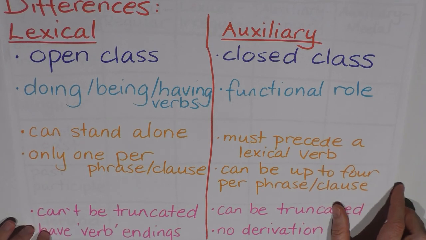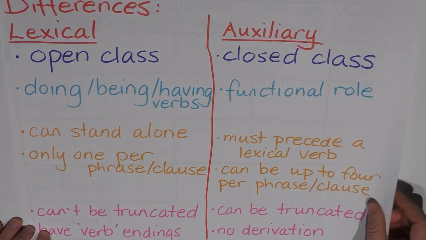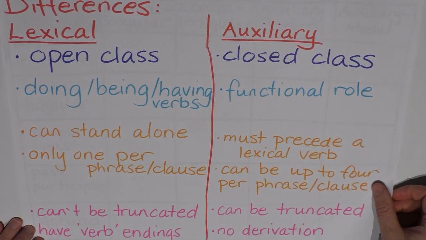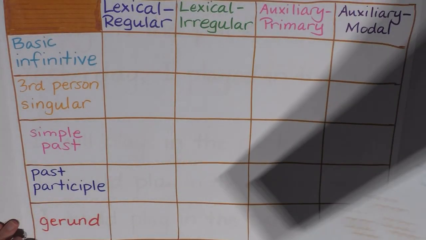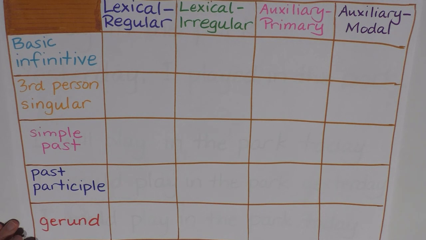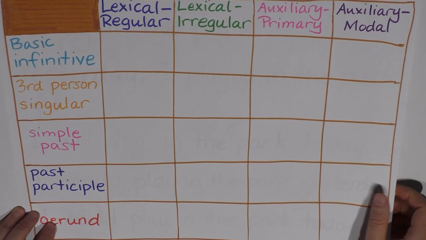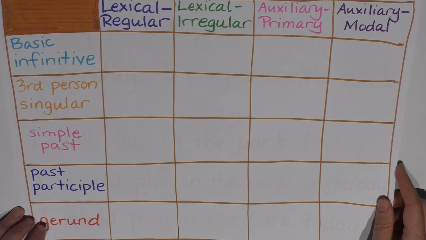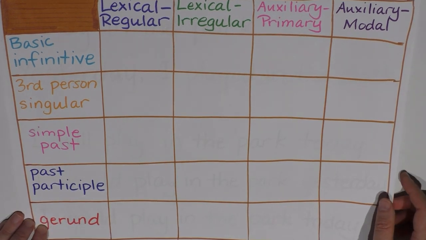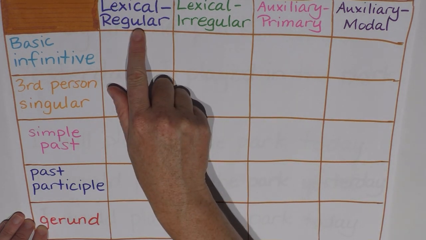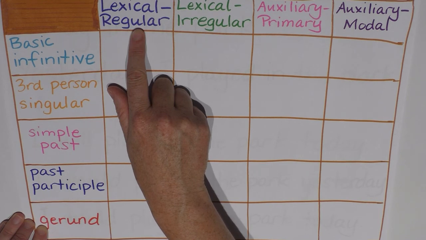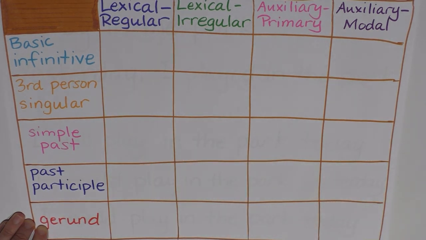Now, the one feature where verbs from both the lexical and auxiliary categories share commonality is that they can carry the 5 morphological conjugations that reflect time, person, and aspect. And you can see it in a table here that will represent the similar morphological features of verbs. Along the top, I have broken the verbs into lexical verbs that conjugate in a regular pattern, such as play.